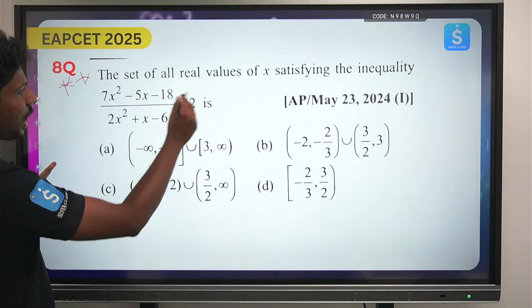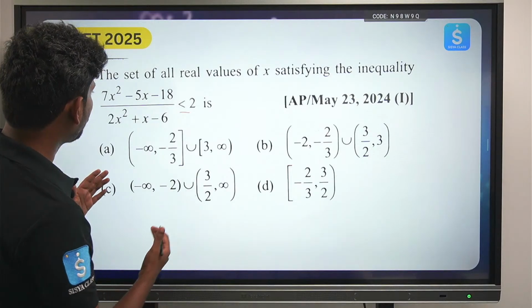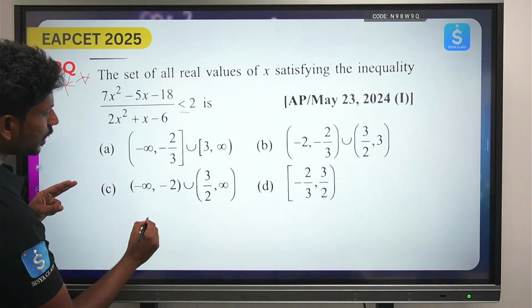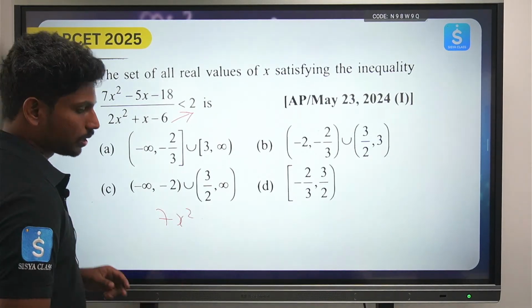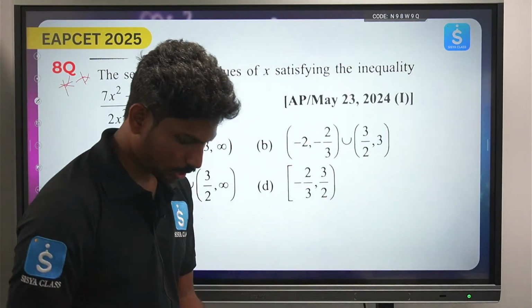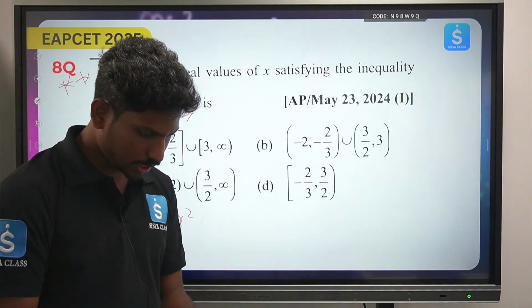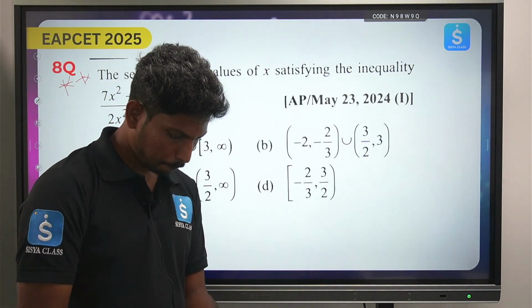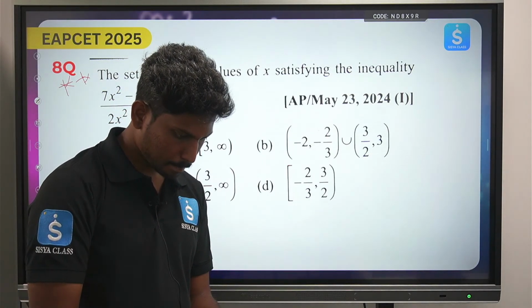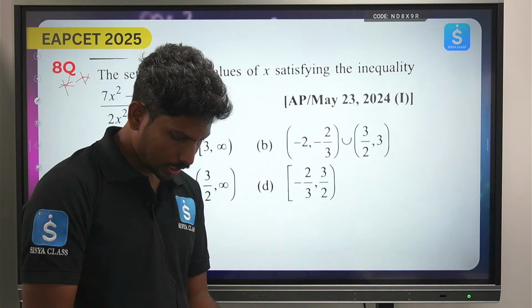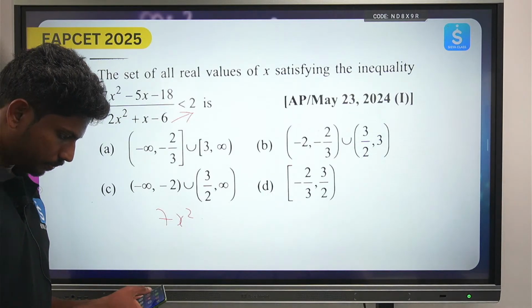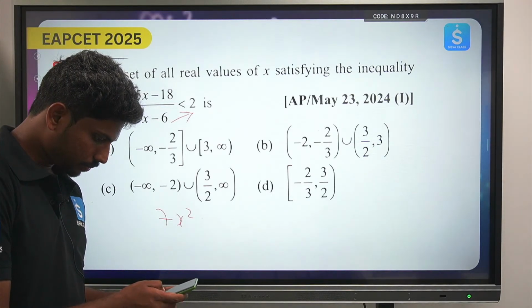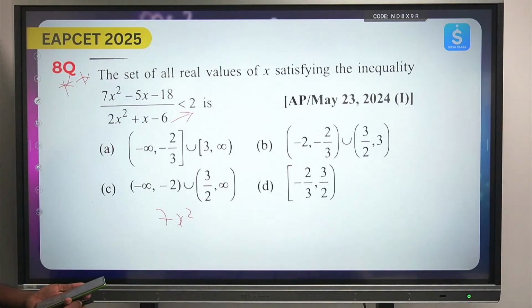Now let's try to first bring the inequality to our normal form. Do the crisscross multiplication, and here we get 7x square minus 5x minus 18.